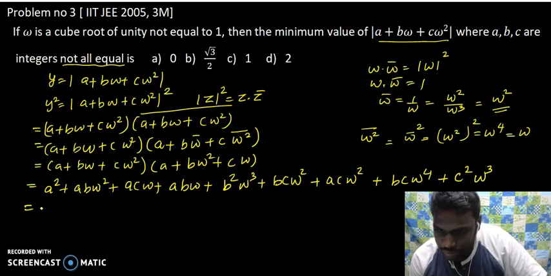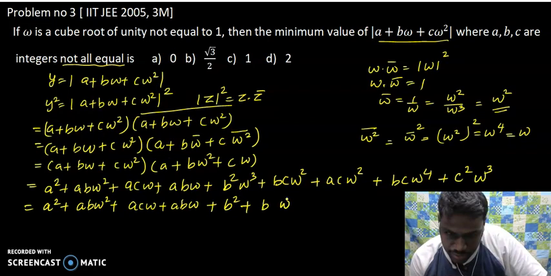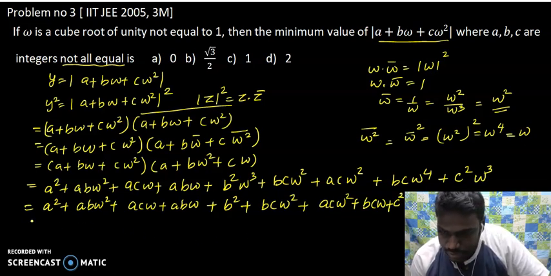So that is equal to a squared plus ab omega squared plus ac omega plus ab omega plus b squared, since omega cube is 1, plus bc omega squared plus ac omega squared plus bc omega, since omega raised to 4 is omega, plus c squared, since omega cube is 1. That is equal to a squared plus b squared plus c squared.